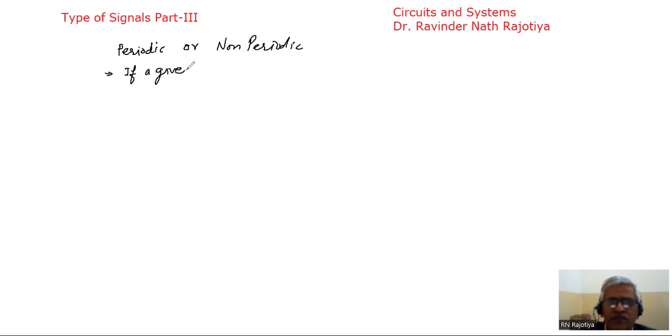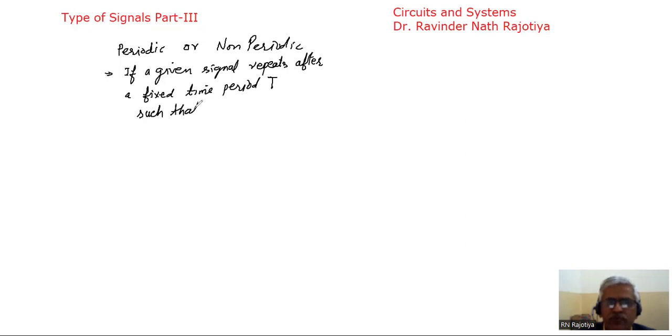If a given signal repeats after a fixed time period T, where T is a non-zero positive value, then for it to be periodic, it has to satisfy x(t + T) = x(t).